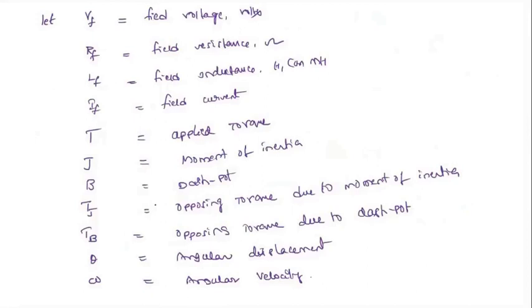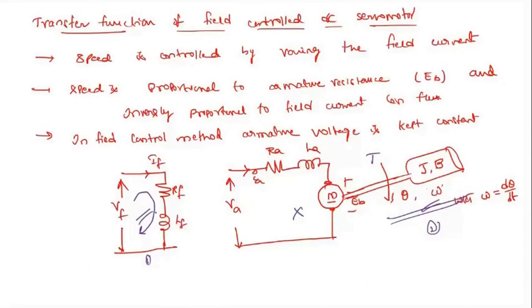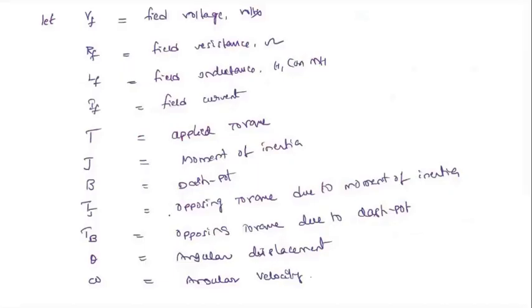So first, if you apply KVL to this loop, you will get Vf equals IfRf plus Lf dIf/dt. That is what I'm going to write now.